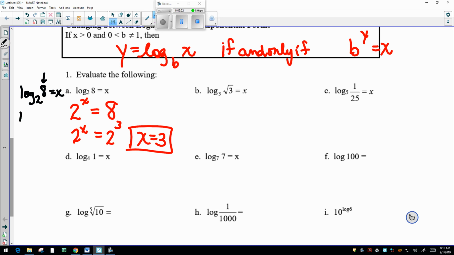So I could think to myself, log base 2, change that 8 right there. Well, that's really a 2 cubed. And now I can see the log base and the exponential base, those are the same things. Since they're inverse operations, they reduce out. And then within the problem, I can see x is equal to 3.